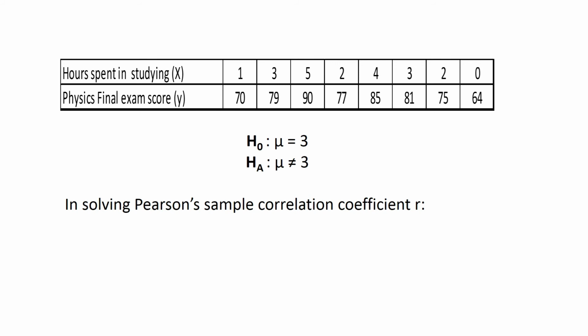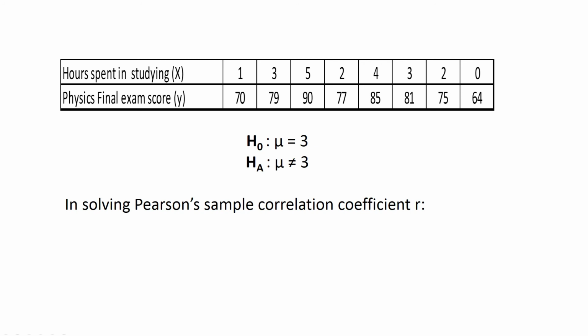So, ang mangyayari is that if mas malaki ang ating correlation coefficient kaysa sa critical value, we can reject the null hypothesis and accept the alternative hypothesis. But, on the other hand, kapag mas maliit yung correlation coefficient kaysa sa critical value, we can accept the null hypothesis and reject the alternative hypothesis.